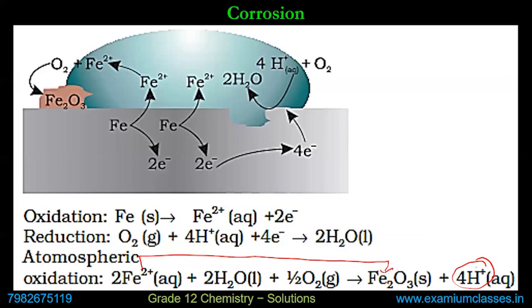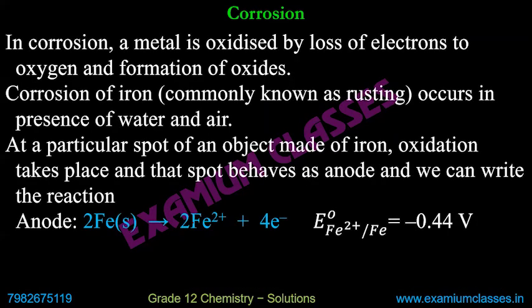In reaction, you will say that these are made available during the atmospheric oxidation of ferrous to ferric. But these hydrogen ions here can be from other sources as well. So it is believed that these can appear from carbonic acid also, these can appear from other acids also in the atmosphere.